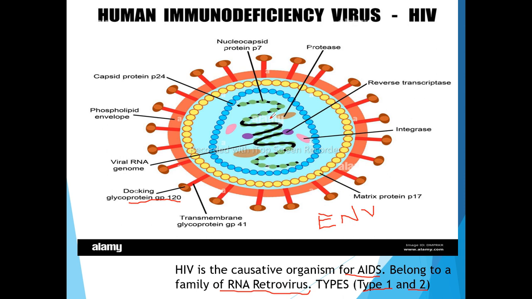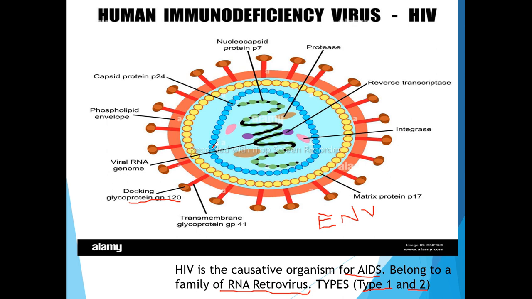When the virus enters the cell, the antibodies produced by the host are against this same capsid, which is made up of the protein called P24.